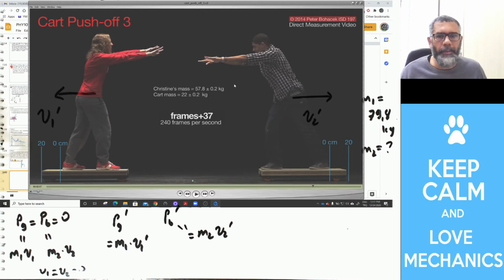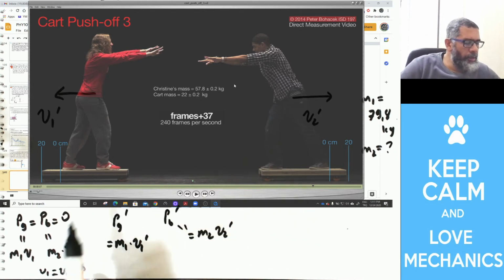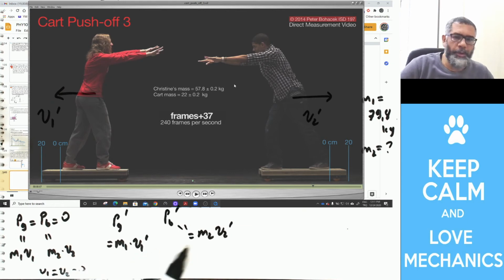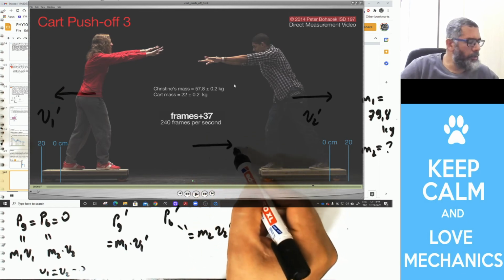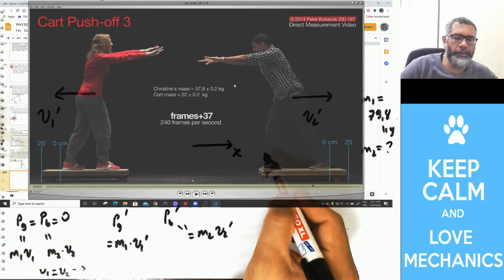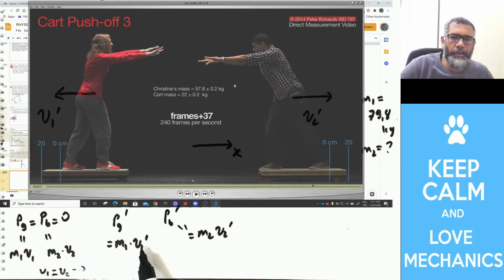But you have to be careful that since the momentums are vectors, the directions of the velocities will make a difference. For example, if you take rightward direction to be positive x direction, v1 prime is going to be negative and v2 prime is going to be positive.